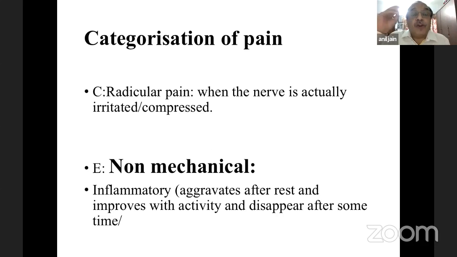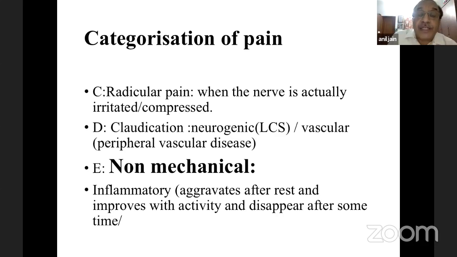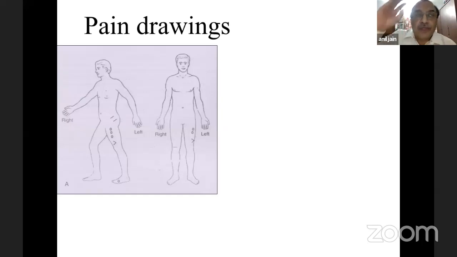Now, categorization of pain. I said radicular pain is where the nerve is actually irritated. Claudication pain is because of neurogenic and vascular causes. And there is certain non-mechanical pain which is inflammatory, which aggravates after rest, improves with activity and disappears after some time. Now, there are many situations when the patient's description does not take you anywhere and you are confused about the categorization of pain.